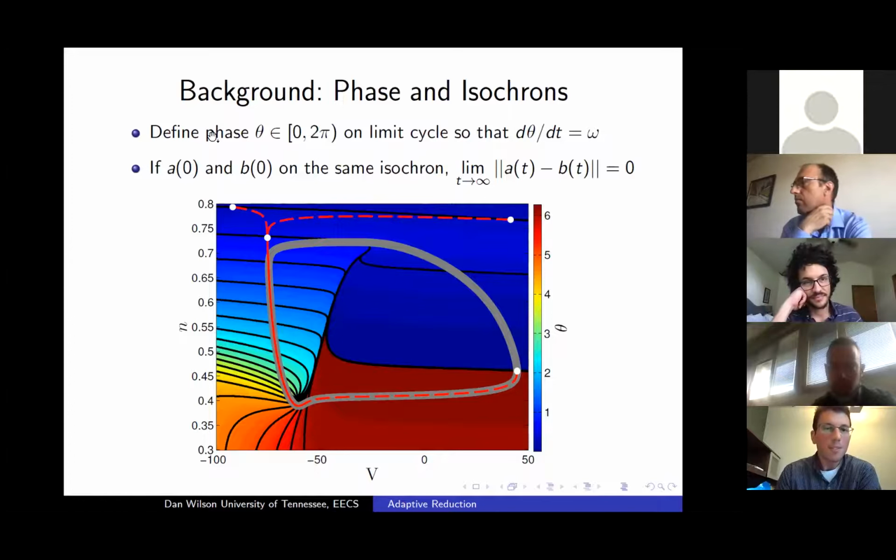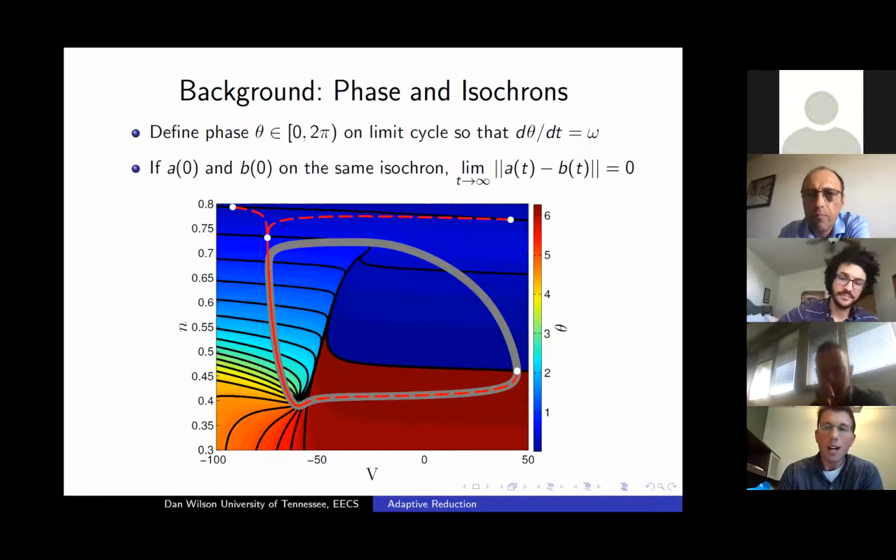You can define a phase, which ranges between 0 and 2 pi on a limit cycle, and you can scale it so that the time derivative of the phase is equal to a constant on that limit cycle. Then, if I want to extend phase to the basin of attraction of the limit cycle, I can use the notion of isochrones, which say that if you start on the same isochrone, you're going to end up in the same spot in the limit as time goes to infinity.